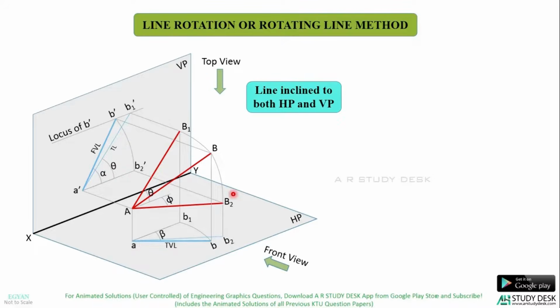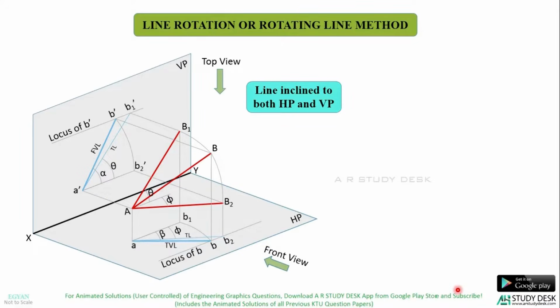So you get the point B2 over here, which is the projection of capital B2, and this is the true length. B and B2 will be lying on the same locus of B. And the angle made by this true length is nothing but angle phi. That is the same angle that you get here. Hope the concept is very clear.